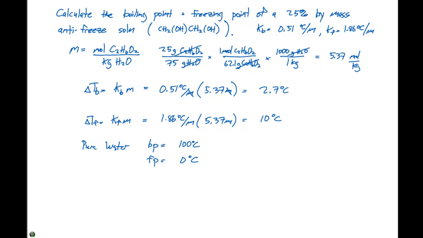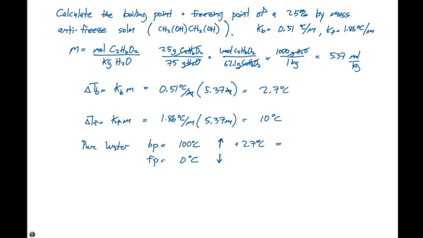Remember when we look at our colligative properties, we have a boiling point elevation and a freezing point depression. So when we look at this change in temperature, we need to add the value, which in this case is 2.7 degrees Celsius, to the 100 degrees Celsius.